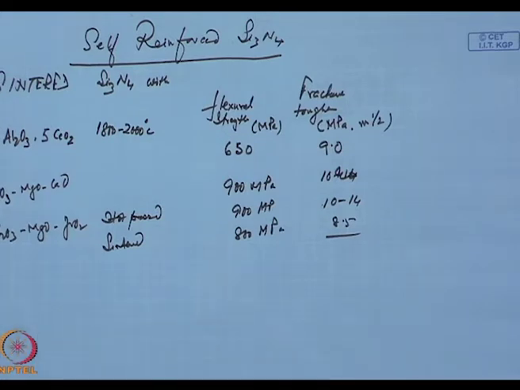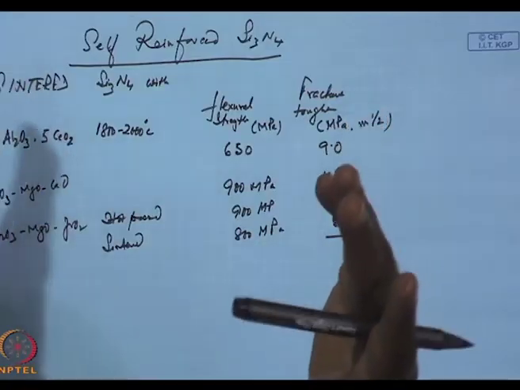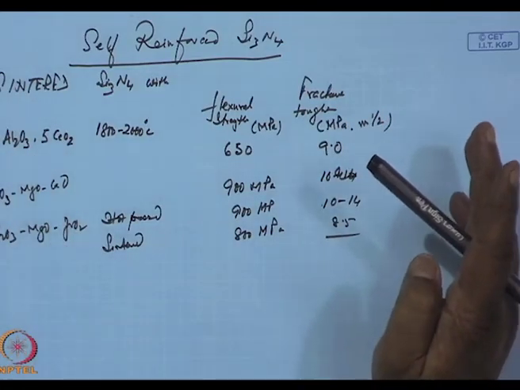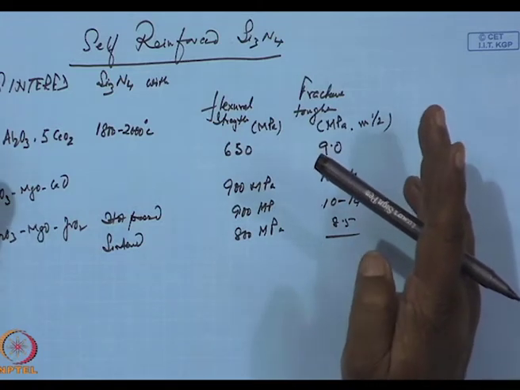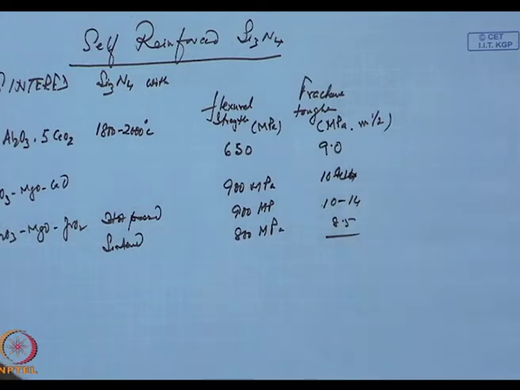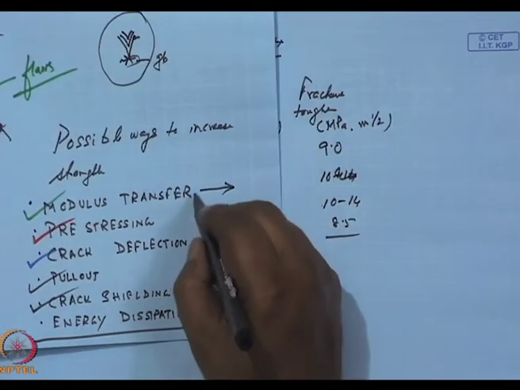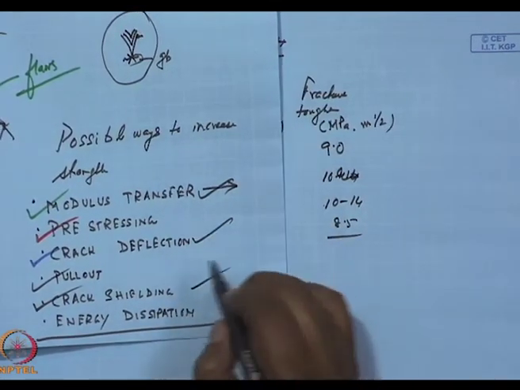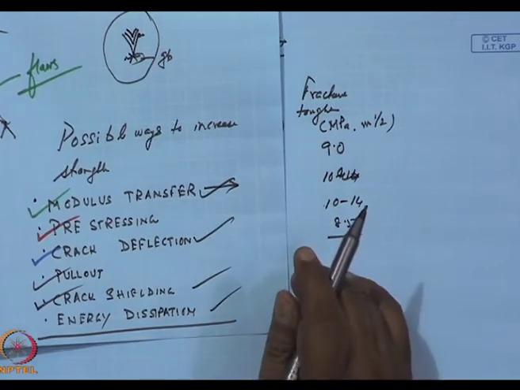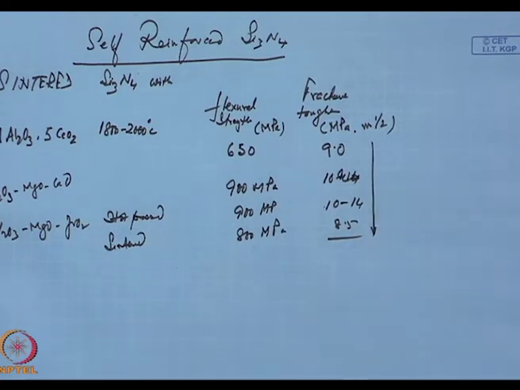So here what is happening is, during the sintering with these additives, second phases are being generated inside the silicon nitride matrix, and as a result all the things, modulus transfer, crack deflection, crack shielding, energy dissipation, all of the factors are happening, due to which the fracture toughness changes in this fashion.